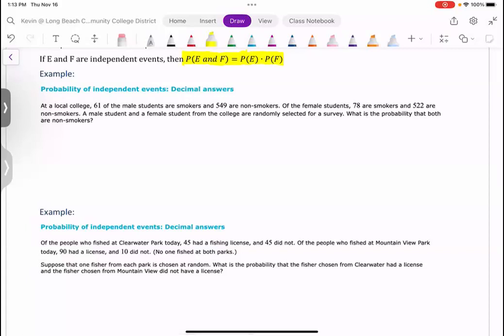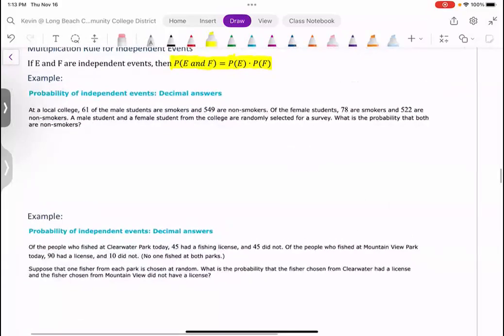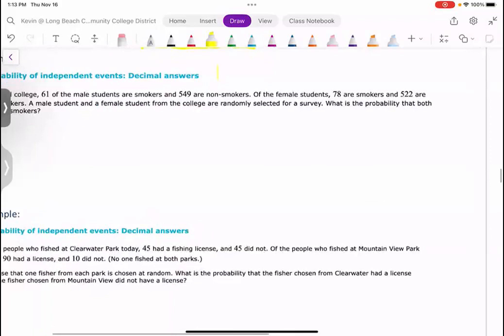At a local college, 61 of the male students are smokers and 549 are non-smokers. By the way, I want to point out this means that the number of males total is 61 plus the 549, which is 610.